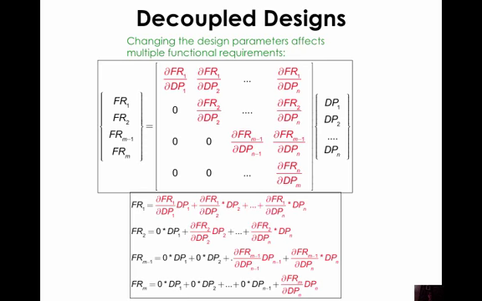Now the second kind of situation we can have is where we can change a design parameter and it affects multiple functional requirements, but not all of them. And if we even rearrange the functional requirements and the design parameters mathematically, we can get what's called either an upper triangular or lower triangular matrix with the other part of the matrix being 0.